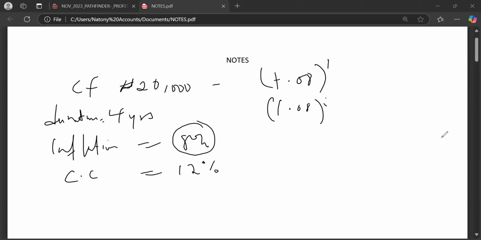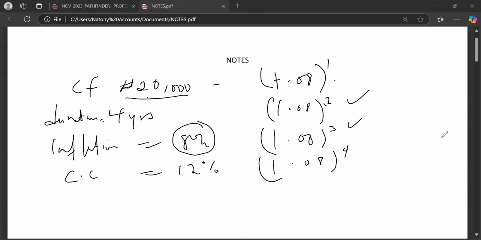Year 2 cash flow will be raised to power 2. 1.08 raised to power 3. 1.08 raised to power 4. So that will take me to year 4 cash flow. So year 1 cash flow will be this amount times this. Year 2 cash flow will be 20,000 times this. Year 3 cash flow will be 20,000 times this. Year 4 cash flow will be 20,000 times this.